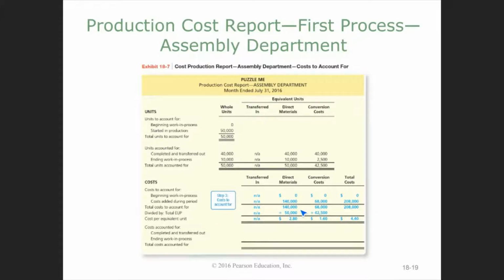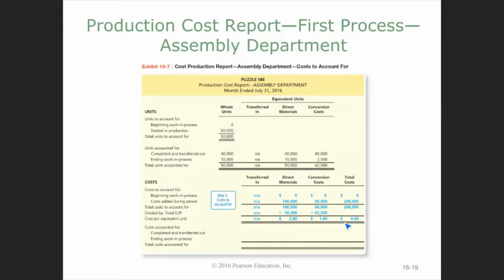And then we're figuring out what our cost per equivalent unit is. So we're going to take 140,000 total cost to account for, divide that by our total units accounted for of 50,000, and that is going to give us our cost per equivalent unit of $2.80.